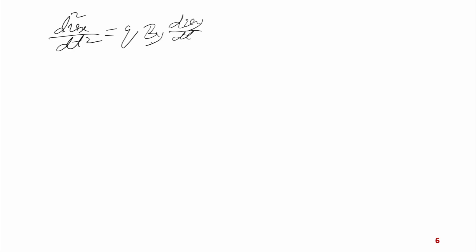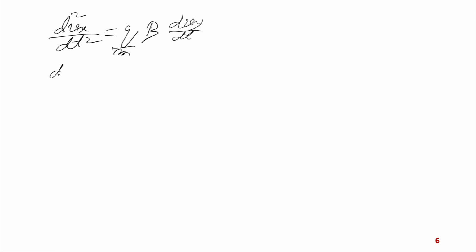It is only B, since we have taken only the z component of B. Now I can substitute d V y by dt from equation 2.